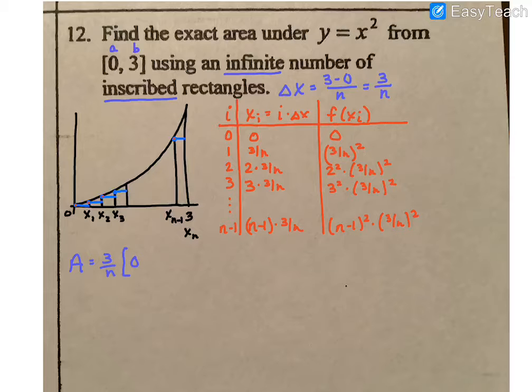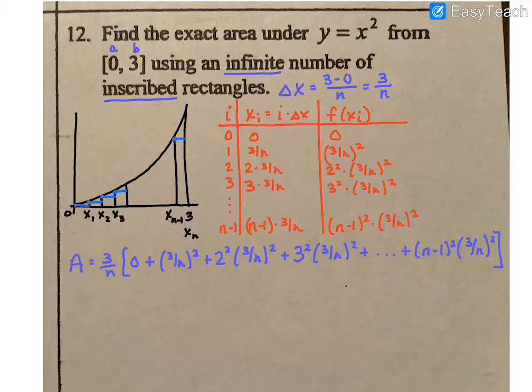So 0 plus 3 over n quantity squared plus 2 squared times 3 over n quantity squared plus 3 squared times 3 over n quantity squared, plus so on and so forth, up to n minus 1 quantity squared times 3 over n quantity squared.